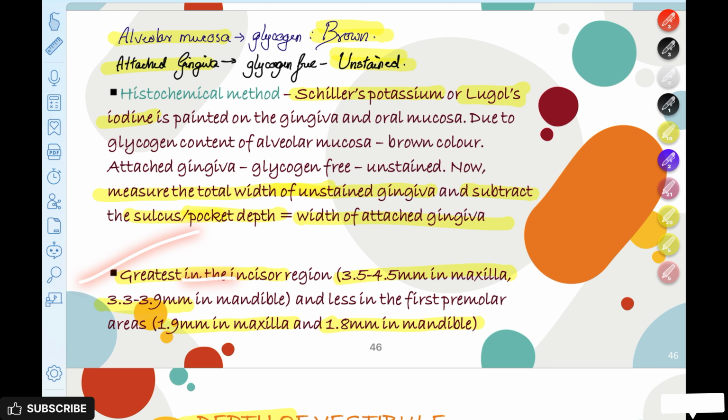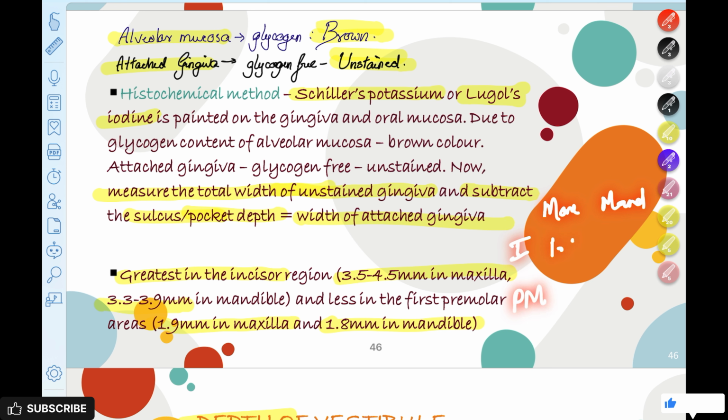The grade test data is very important as per Carranza. So you have to remember the incisor region and premolar region in maxilla and mandible. In the premolar region it is 1.9 mm in maxilla and 1.8 mm in mandible.